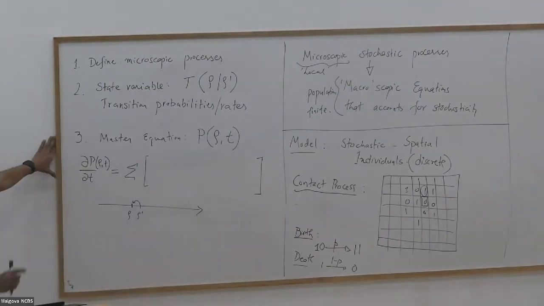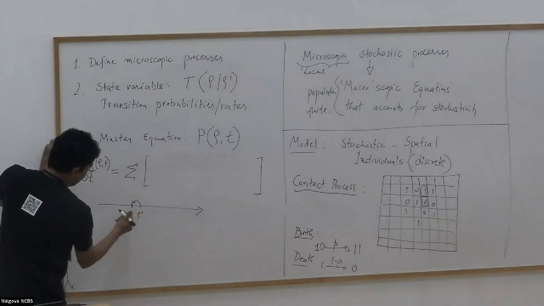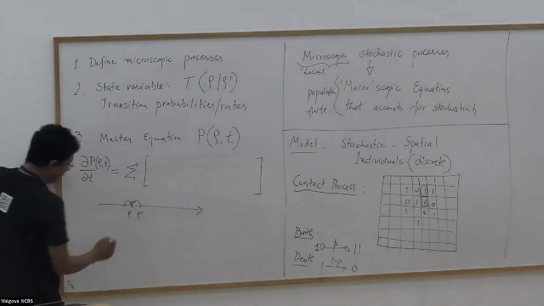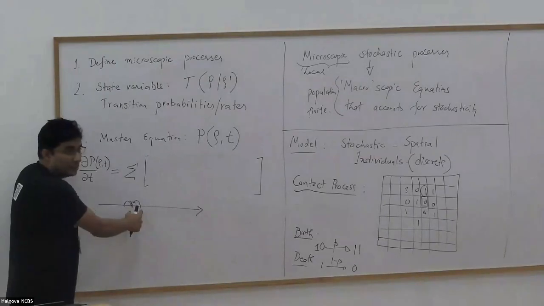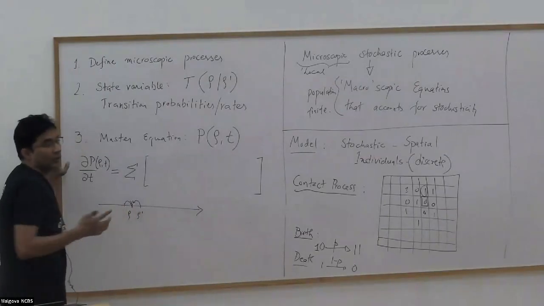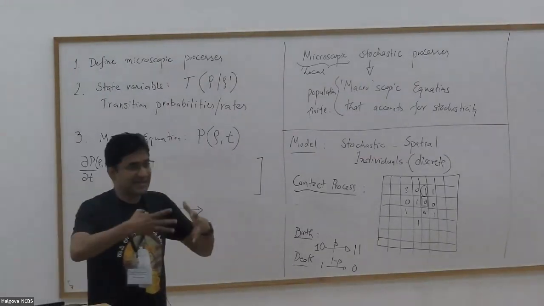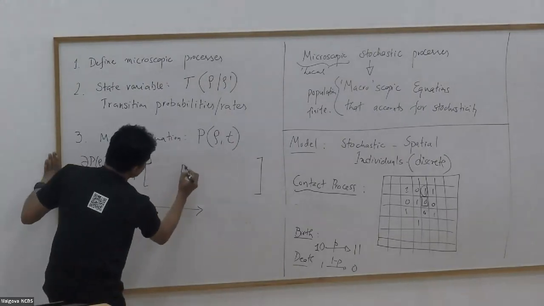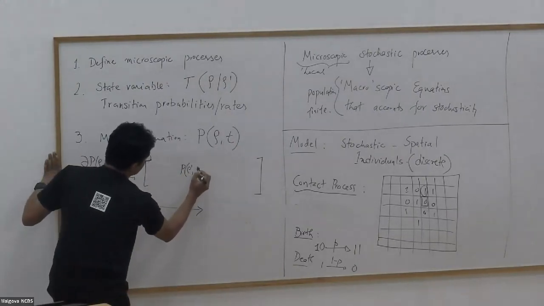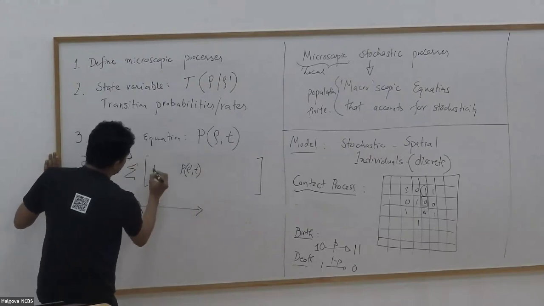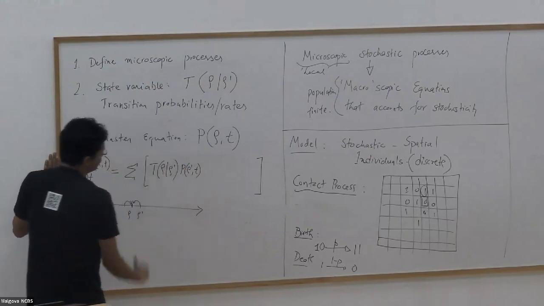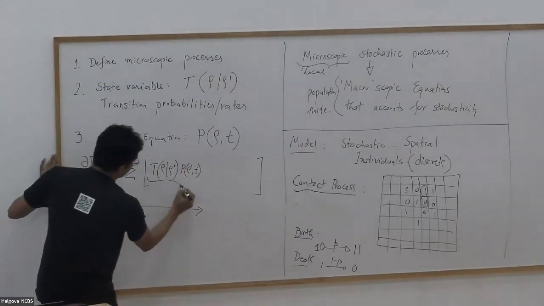There are two things that can happen. A value that is lower than rho can bring me to rho. A value that is greater than rho can bring me to rho. That's the inflow to the state I'm interested in. That's the inflow rate. So imagine that I am at some rho prime. What's the probability that rho prime will transition to rho? So here's the inflow rate.